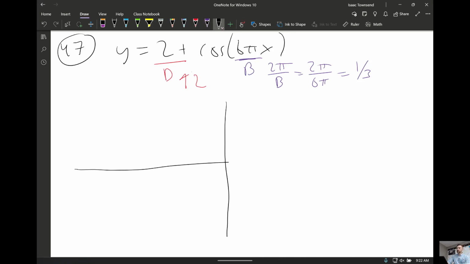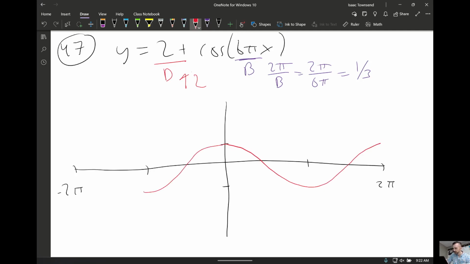So if we start off graphing the cosine graph, just throwing the parent function down real quick. I could deal with this +2. I know it's going to shift all the points up 2.